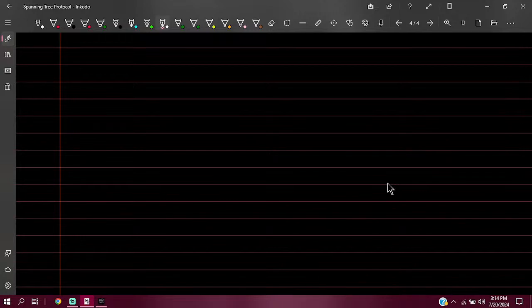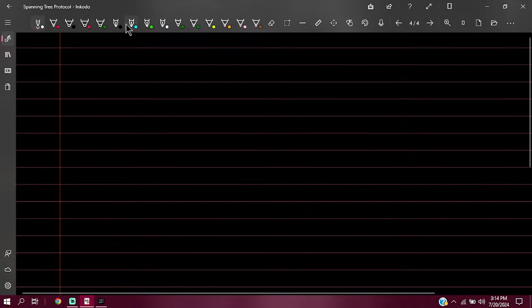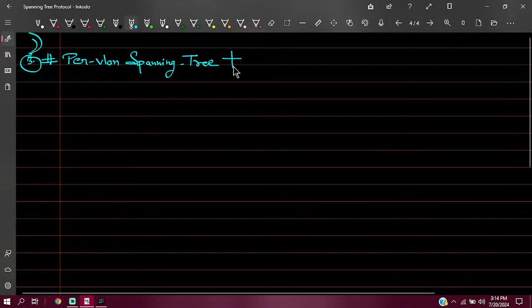Cisco's proprietary was Per VLAN Spanning Tree, but the protocol Cisco devices operate on is the third one, Per VLAN Spanning Tree Plus, as this plus sign basically resembles that this particular protocol supports both the open standard variation and the Cisco proprietary variation.